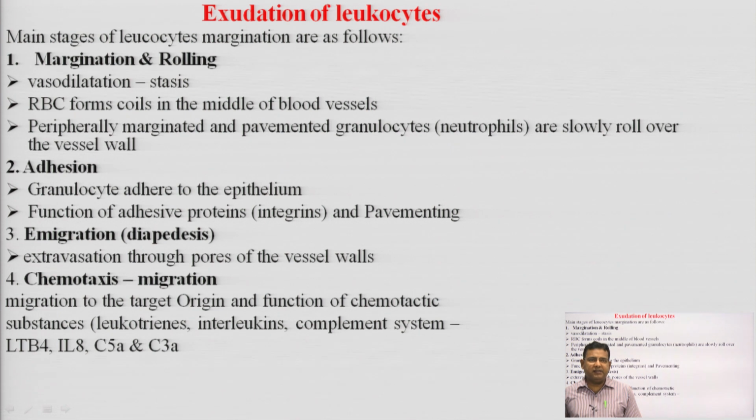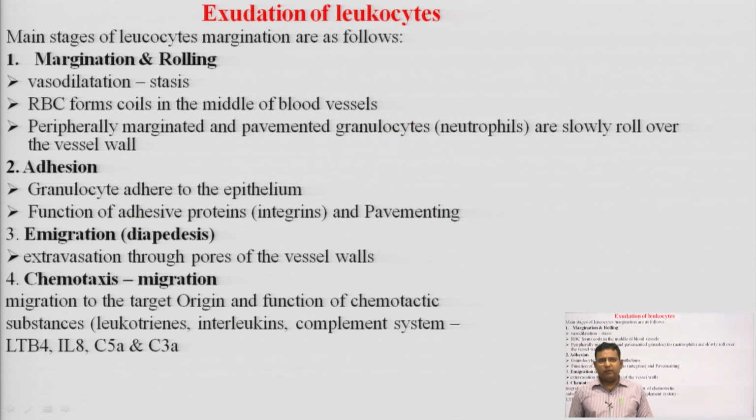Second one is adhesion. Granulocytes adhere to the endothelium. Adhere means stick. The granulocytes stick to the endothelium. Function of adhesive proteins, that is integrins and pavementing. Pavementing means that they will be marginated on the side of the vessel wall.